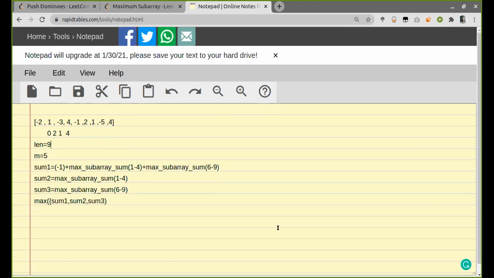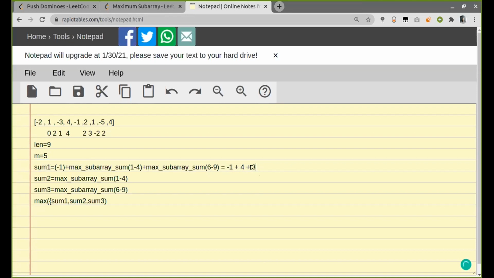Again, for the right side, we will start from 2. So 2 plus 1, 3, minus 5, minus 2, and 1, 4, 2. So the max one is 3, so we will be including 3 here. So this one will calculate to -1 plus 4 plus 3. So the first sum will be this value.